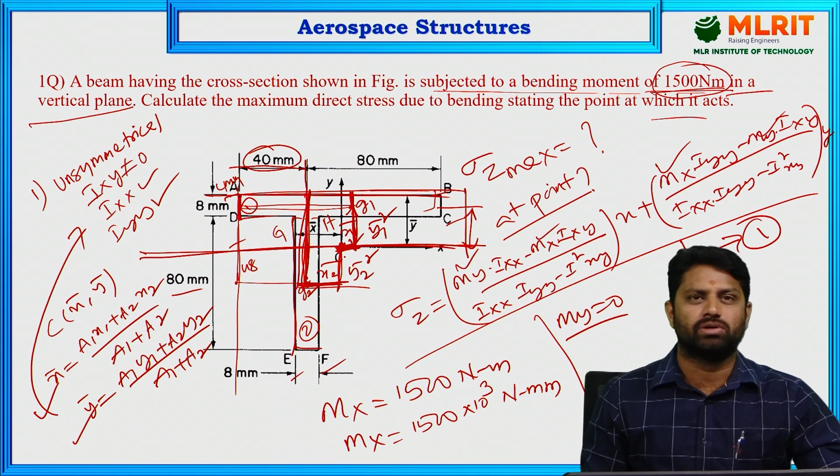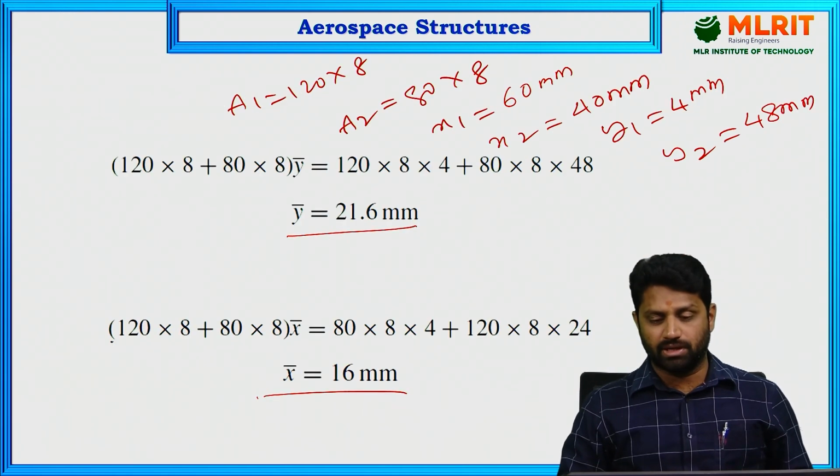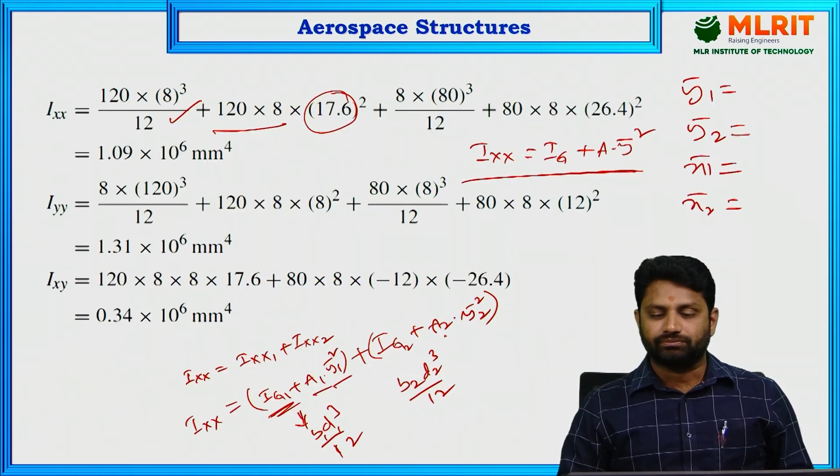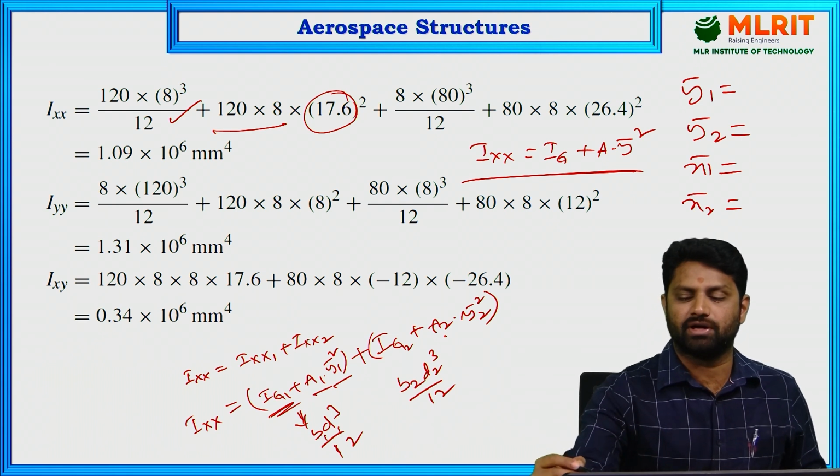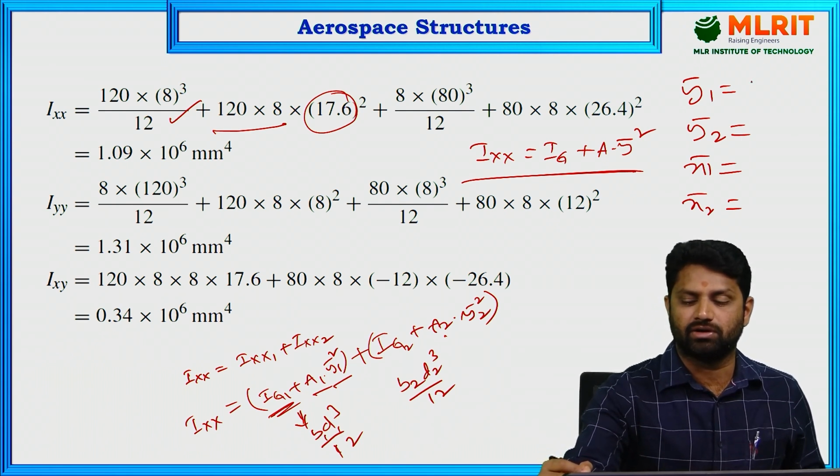Okay, so you just need to understand that y1 bar is nothing but the vertical distance between the first figure centroid and the total figure centroid.